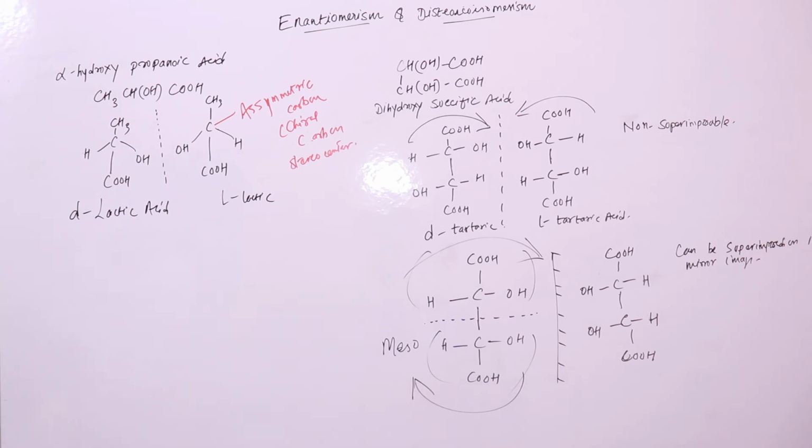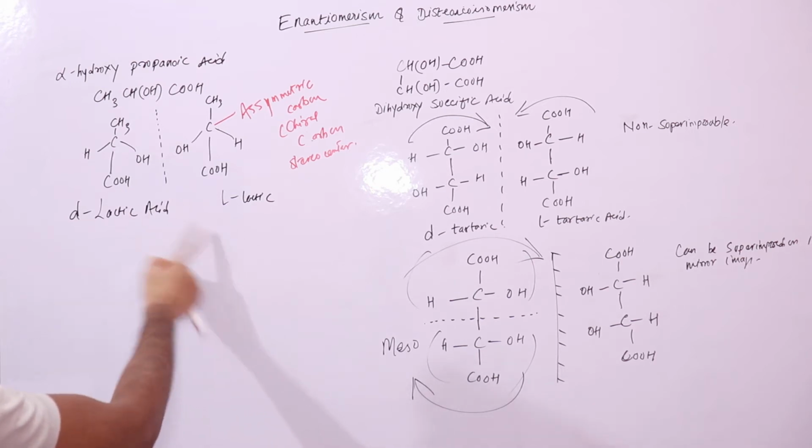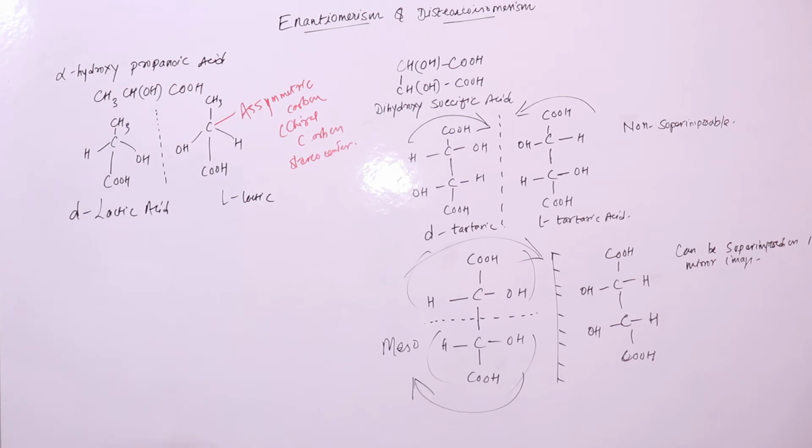When it possesses chirality, it can exist in 2 non-superimposable forms which are mirror images of each other. These 2 forms, D and L-lactic acid, are called enantiomers, and the phenomenon is known as enantiomerism. I hope this is clear now.